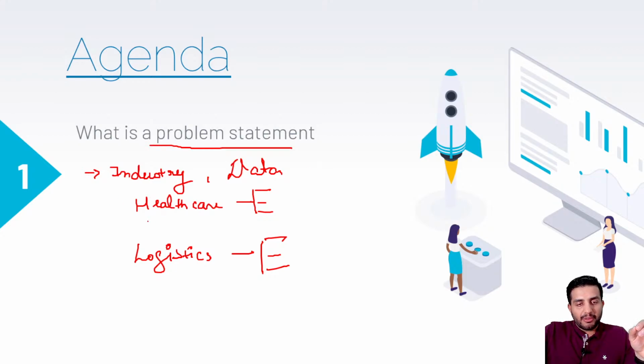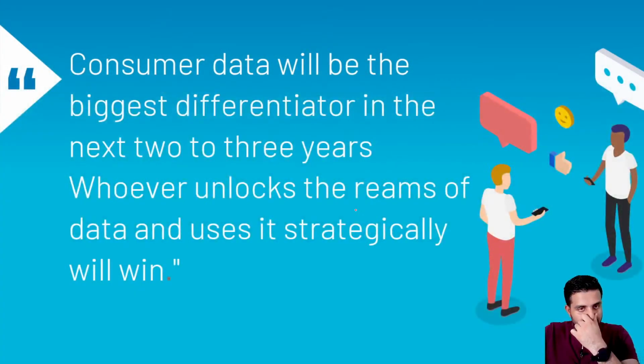The moment I have a pain point in the healthcare industry, I have to understand: if the problem statement is XYZ, do I have the respective information for that, or is it just a problem statement which I really cannot materialize? So along with industries, data also plays a very crucial role in identifying a problem statement. Let's go into detail, guys, and understand each of these one by one.